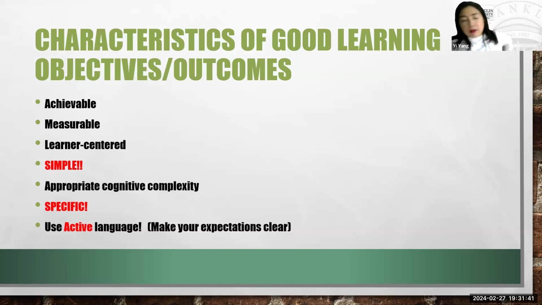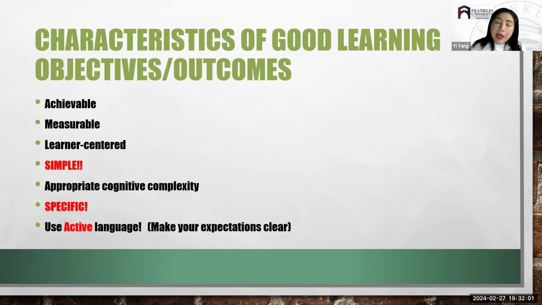Yes, measurable is this behavior can be quantifiable or can be measured by a certain criteria. That's why we have rubric, and rubric is to measure whether your learner accomplished that outcome.